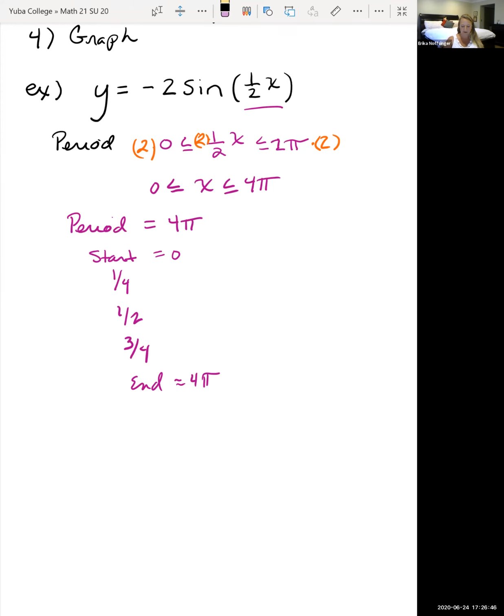The halfway mark of 0 and 4 pi is 2 pi. To get the quarter point, that's halfway between the 0 and the halfway point. Well, 0 and 2 pi, half of that is just pi. And then the halfway point between 2 pi and 4 pi is 3 pi.